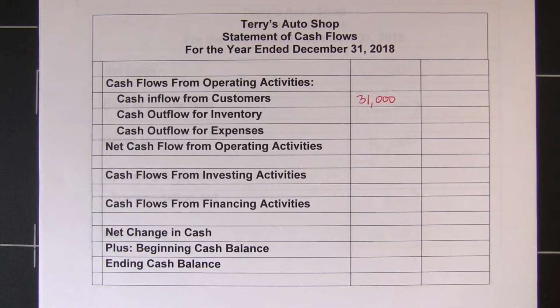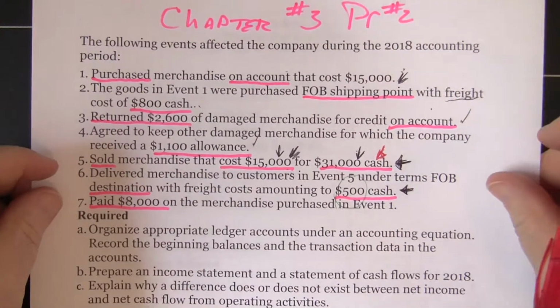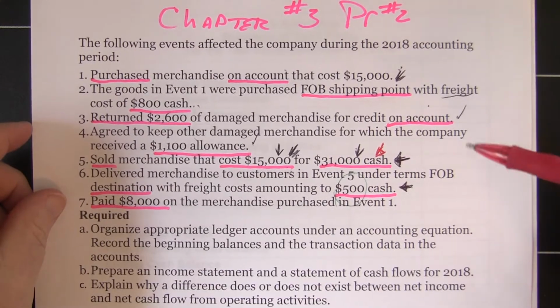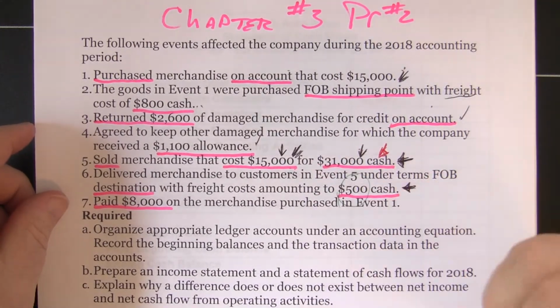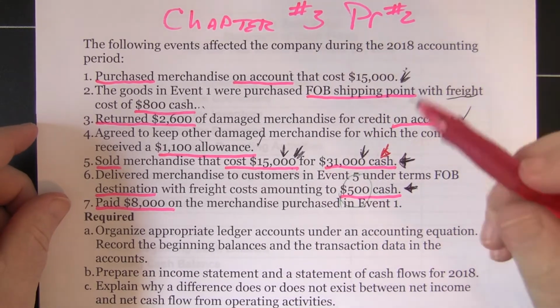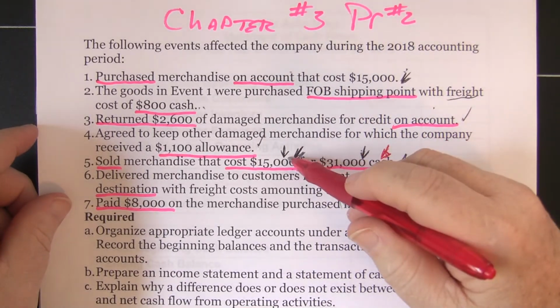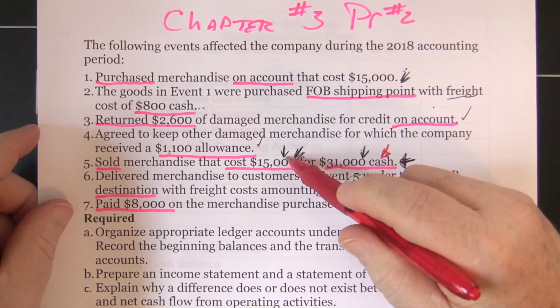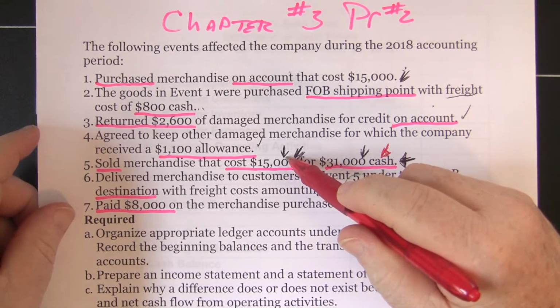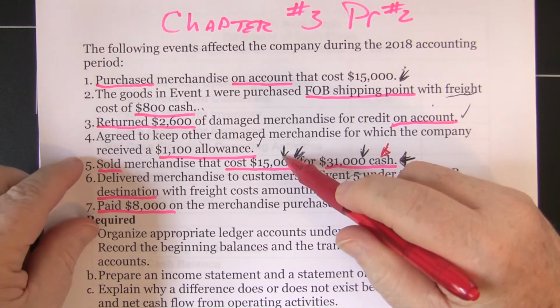Cash outflow for inventory. They give us that number. They tell us that the inventory that went out was $8,800. Okay, cash outflow for inventory.